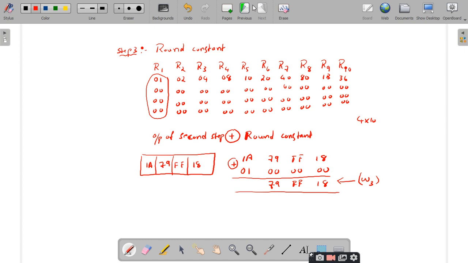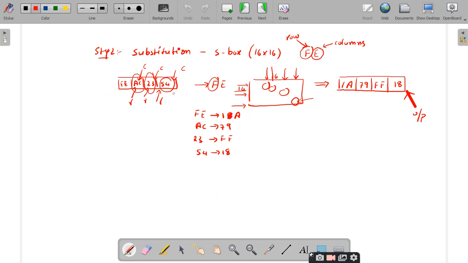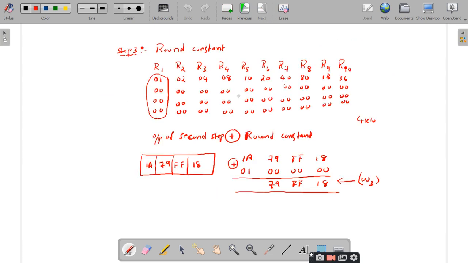Am I right or not? What is the first thing I have taken here? It is W3. On W3 I have applied the rot word, and then from the result I have applied the substitution, and from the output I have applied the XOR operation of round constant. So the final result is from W3. Do you accept it or not?